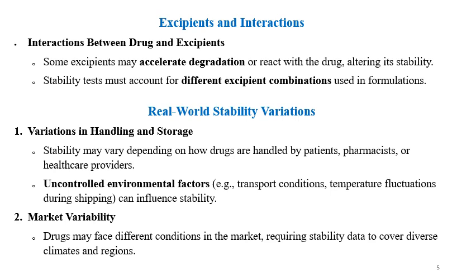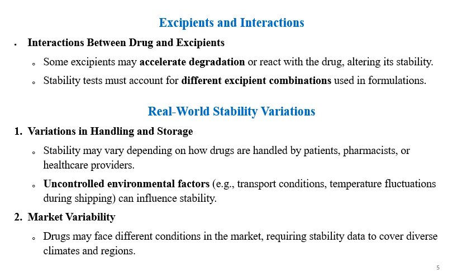Real world stability variations. It is one of the most important points to understand. Variation in handling and storage. Stability may vary depending upon how the drugs are handled by the patients, pharmacists, and the healthcare providers. Uncontrolled environmental factors like transport conditions and temperature fluctuation during shipping may influence the stability.